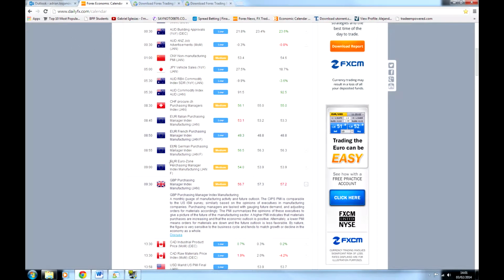by the way, I'll show you that website later on as well. Today's events were about 9:30, GBP Purchasing Manager Index Manufacturing. You can pause it, read what it's all about. Here is the event. Here in this column tells you how serious or how important this event is. And here are the changes and predictions and so on.